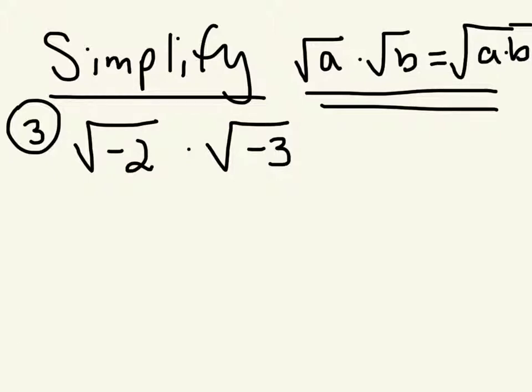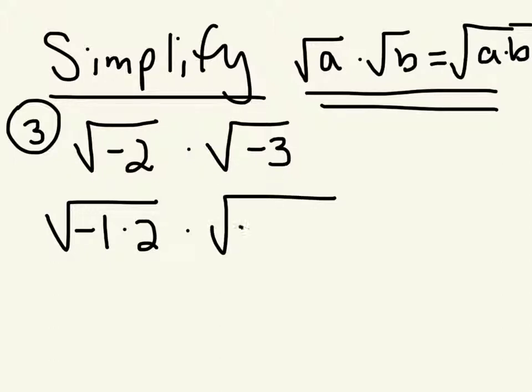What we need to do is utilize our definition of an imaginary number. So I'm going to think of the square root of negative 2 as the square root of negative 1 times 2 times the square root of negative 1 times 3. I now know that the imaginary unit is defined as the square root of negative 1. So I'm going to simplify the square root of negative 1 times 2 as i times the square root of 2 times i again times the square root of 3.